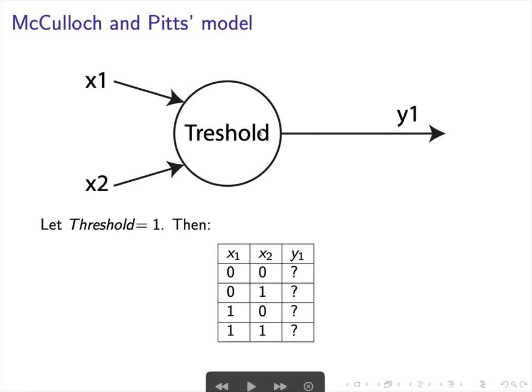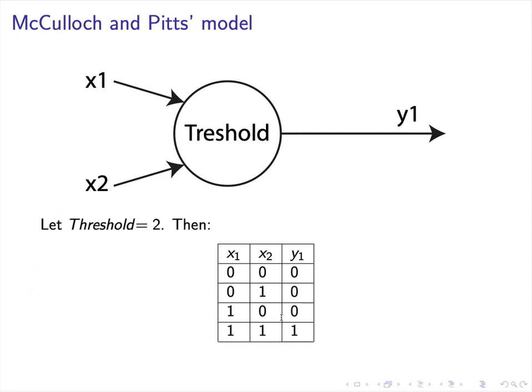But instead of having a logical operation, we are just thinking, let's sum up these two numbers. If they reach 1, then we have a 1 here. So what do you expect this to be, for example? Any ideas? A 0? Yes. Well, I should say greater or equal than 1. So what do you expect this to be? 1, 1, 1, right? Great. So this is what you get.